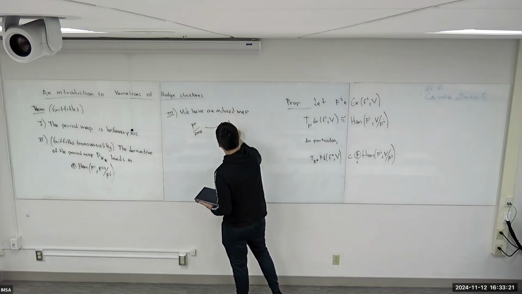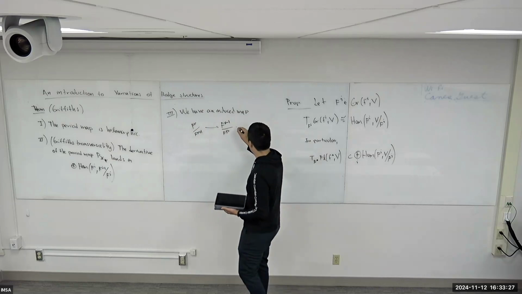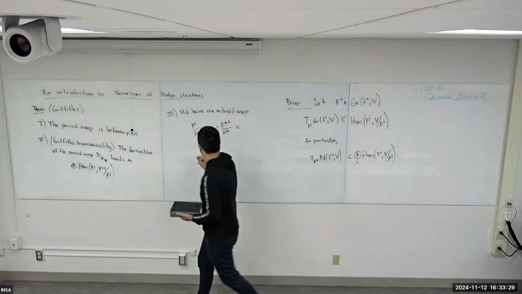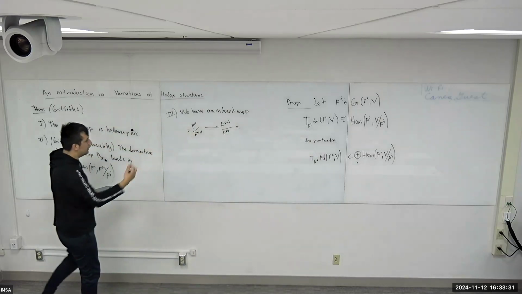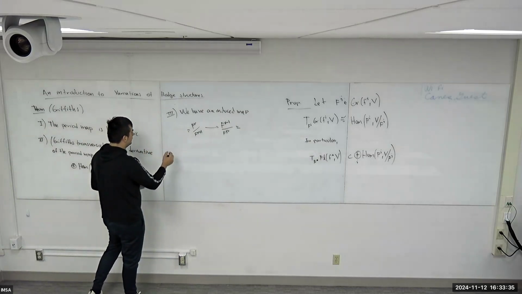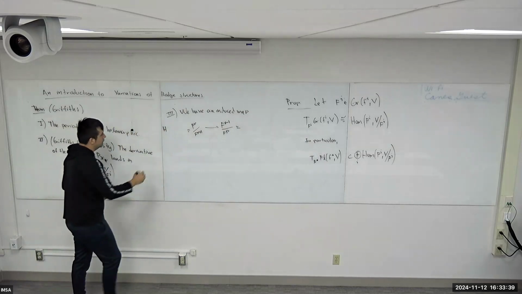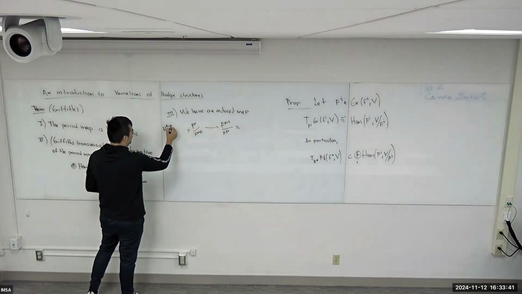So if I consider this graded part, this goes to 0, so I have actually something well defined. And this is a way of writing Hodge numbers. So using something called Dolbeault isomorphism, we see that this is going to be isomorphic.